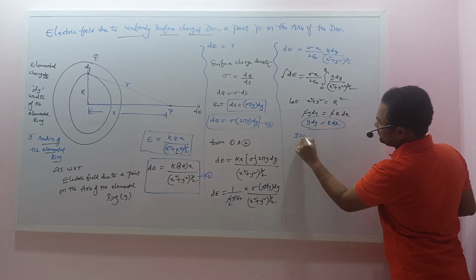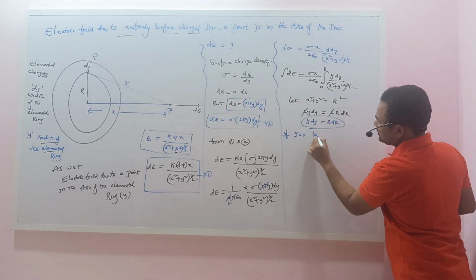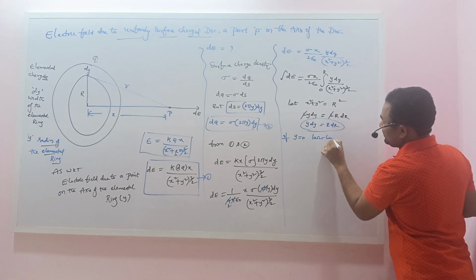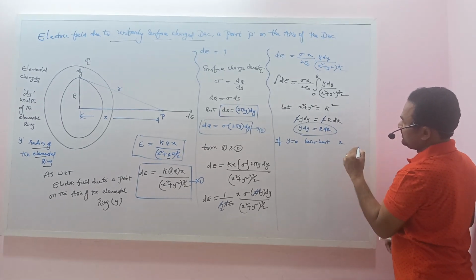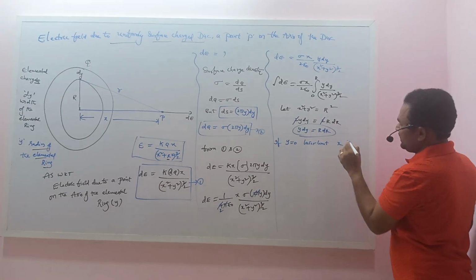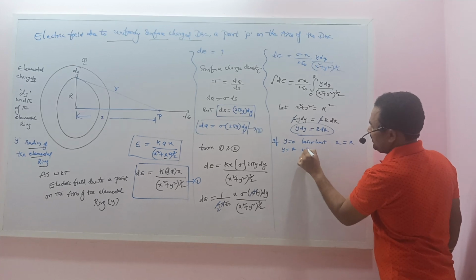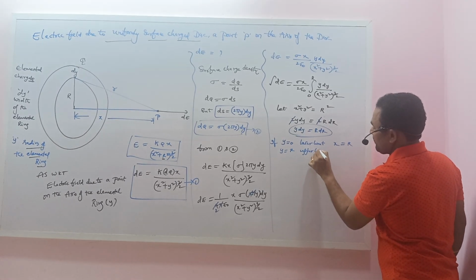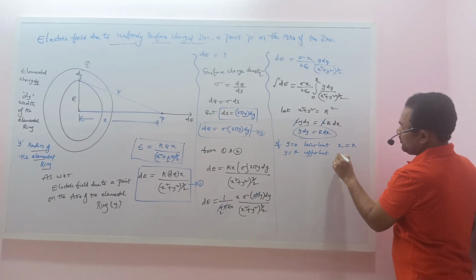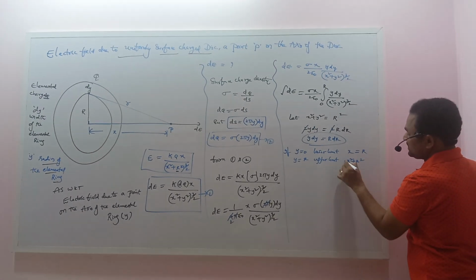Now y dy is replaced with r dr, and the limits also change. If y is equal to 0, the lower limit is r equal to x. If y is equal to R, the upper limit is root over x square plus R square.